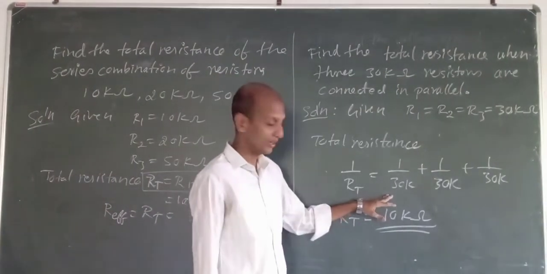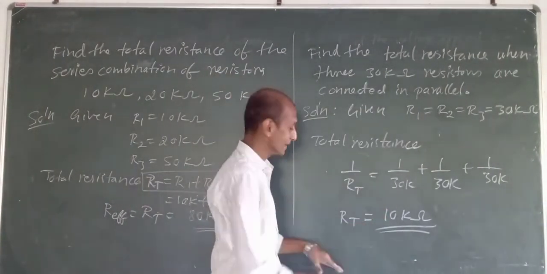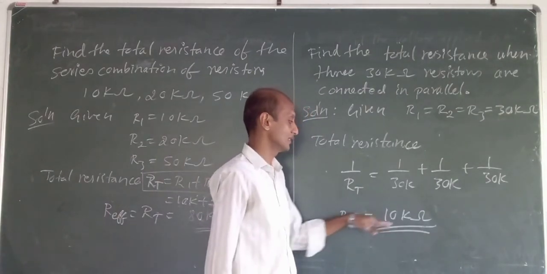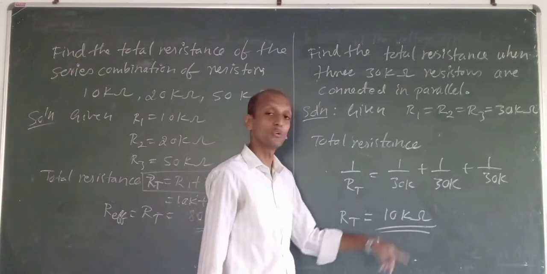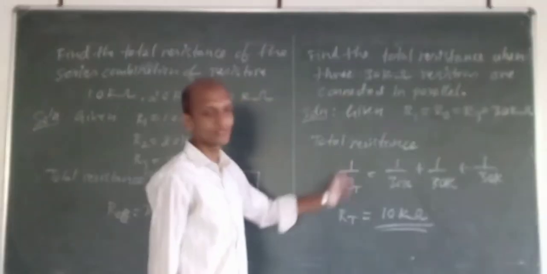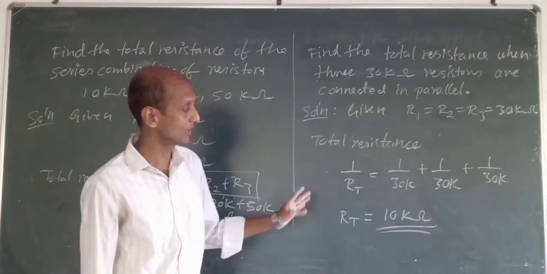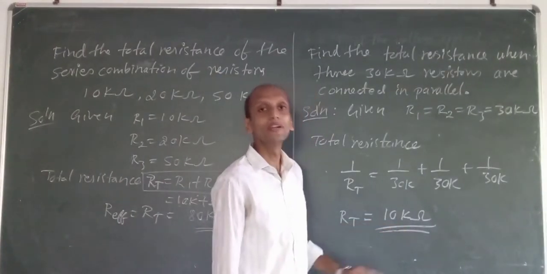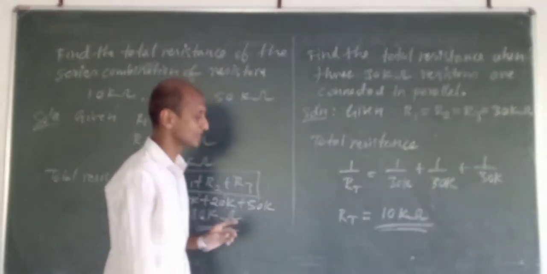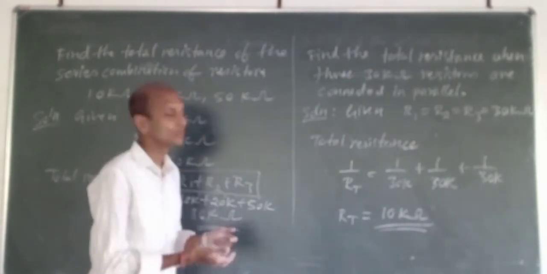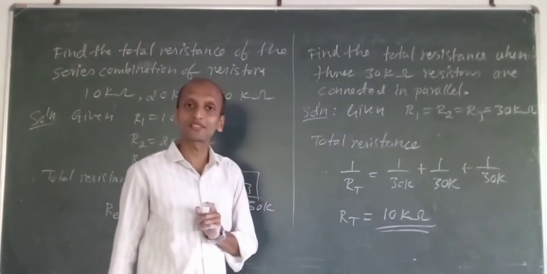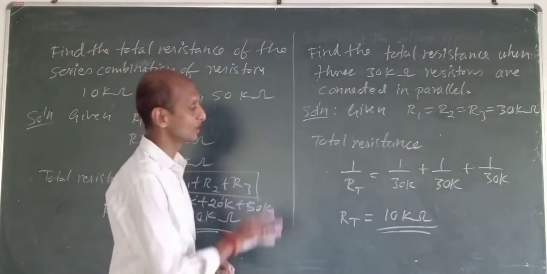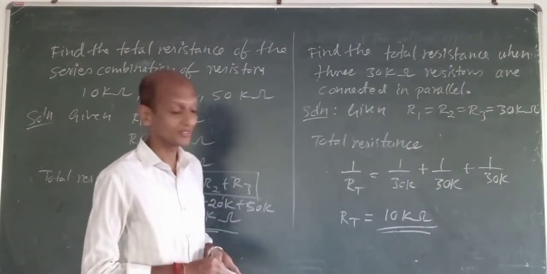If we solve that, we will get the total resistance, or equivalent resistance or effective resistance, of what? 10 kilo ohms. Okay, so the reciprocal of this. If we calculate, we will get 10 kilo ohms of resistance. Likewise you can take any values of resistances and calculate many examples so that you will be very clear about all these calculations.